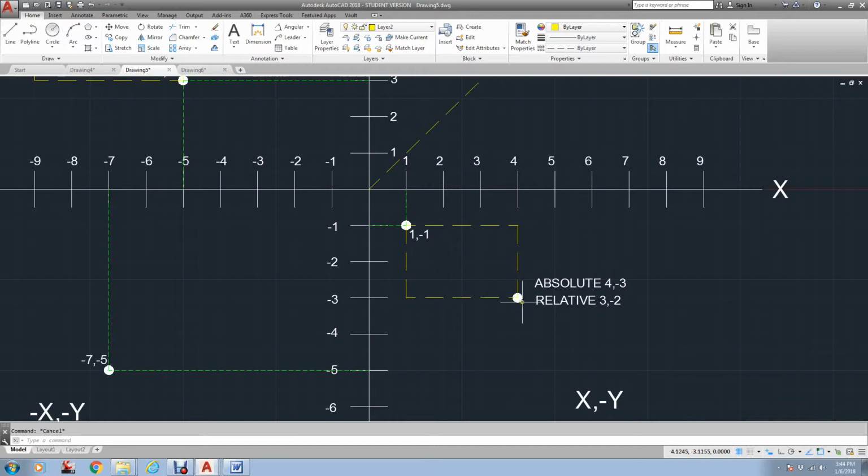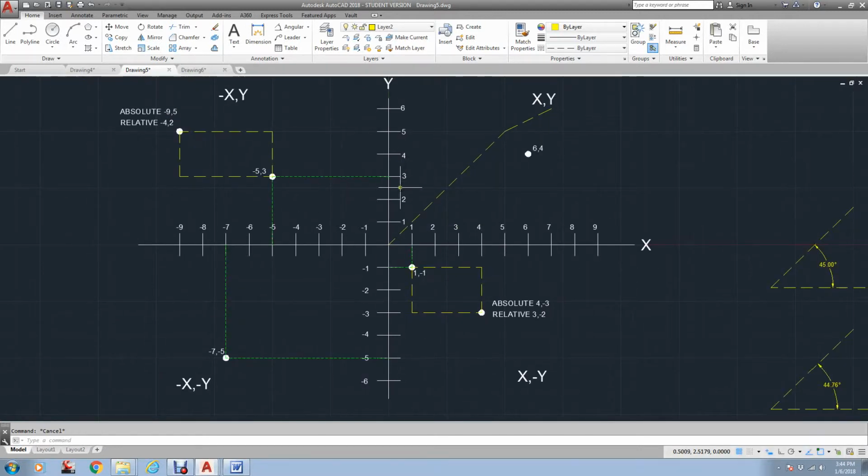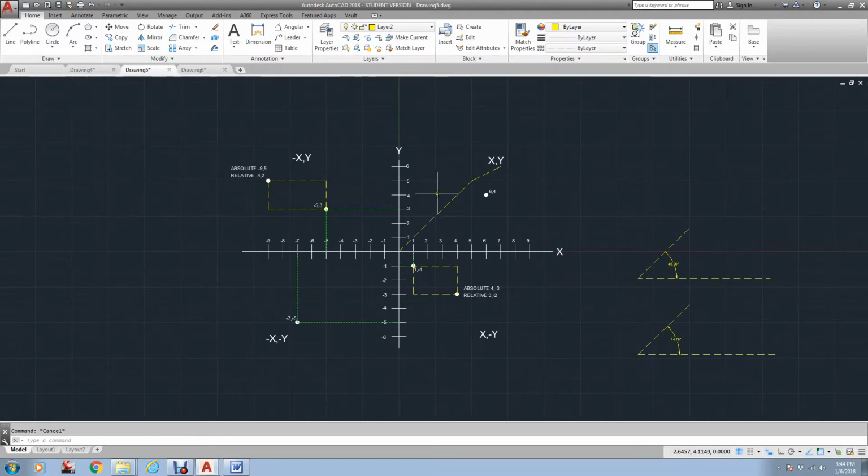But if it was a relative coordinate, it would be 3, starting from this point, 1, 2, 3, and going down 1, 2. Again, don't stress too much over it. I just want you to understand how the coordinate system works. This is a nice little example right here. If you want to take a screenshot of it or whatever, it would be good to use.